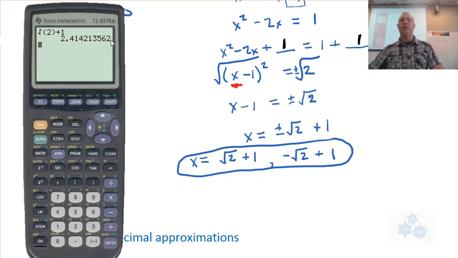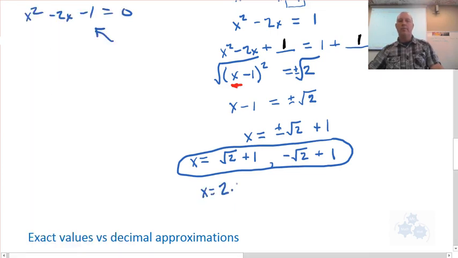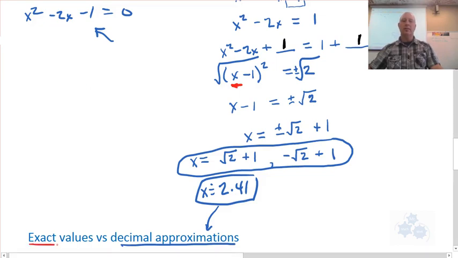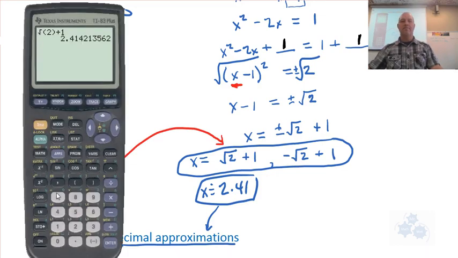This is an irrational answer. That means those numbers continue on forever. So if you write 2.41 as an answer, that's an approximation. That's a decimal approximation. So in calculus, and this is pre-calculus, we are more interested in exact values than approximations. All right, and obviously there will be negative square root of 2 plus 1 as well.